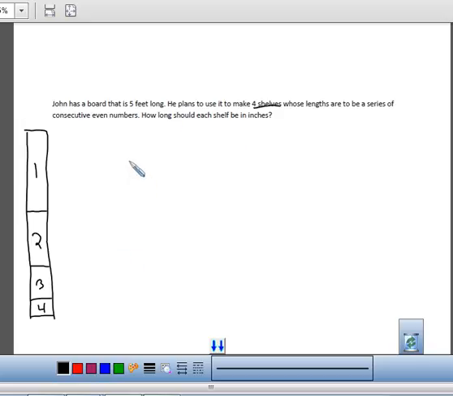Alright, they're even numbers, so we do x as our first. Let x equal first number. X plus 2 equals second number. And you know what? I'm going to let you finish this on your own, because we'll make this a nice short video.